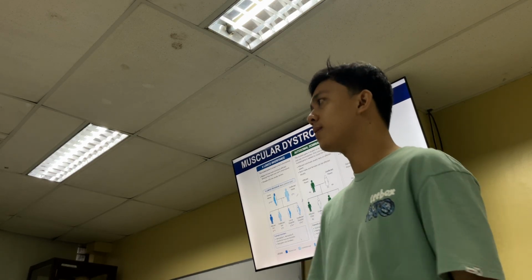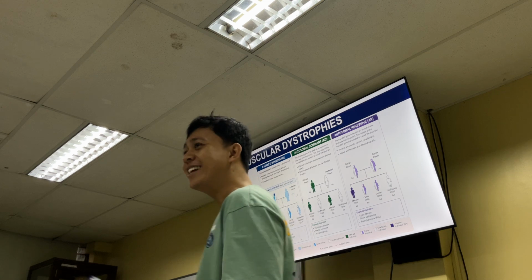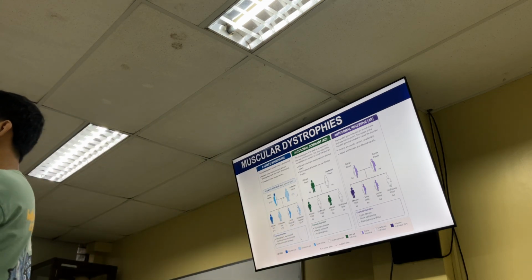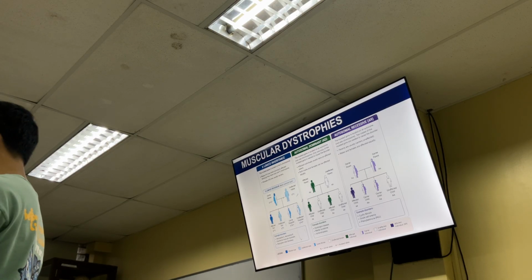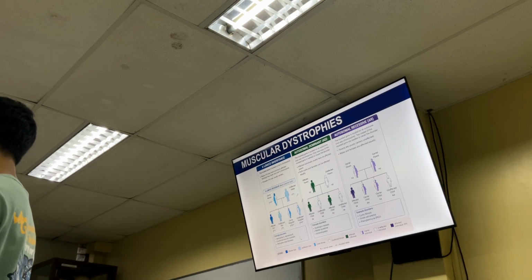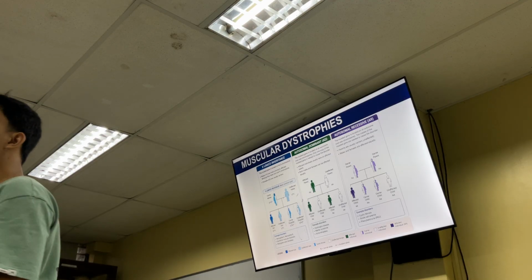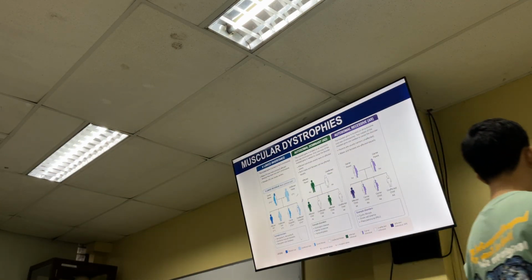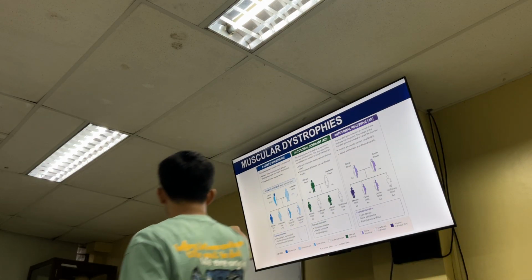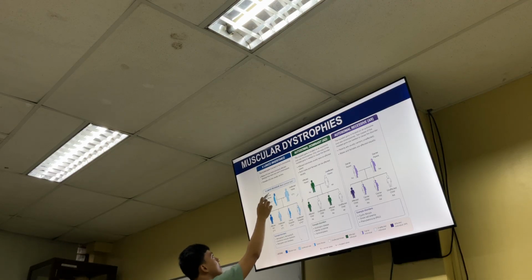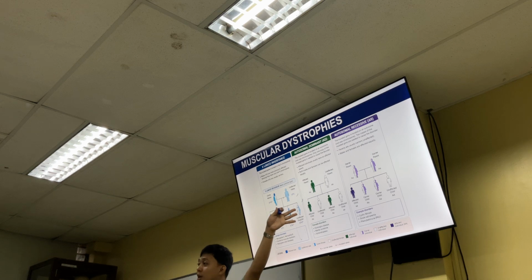A carrier carries the affected gene, but does not have the manifestation of that condition. Okay? They are asymptomatic, but the gene itself is problematic, or mutated. So in X-linked inheritance, if the mother is a carrier and the father is usually unaffected, or normal, then the child may inherit it.